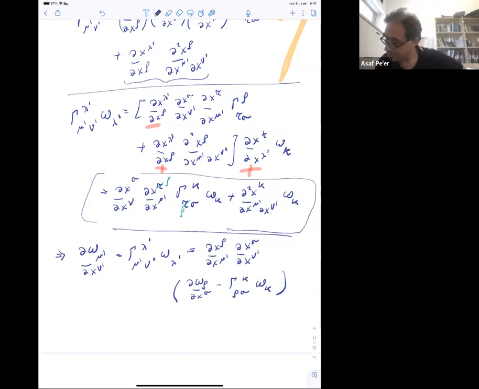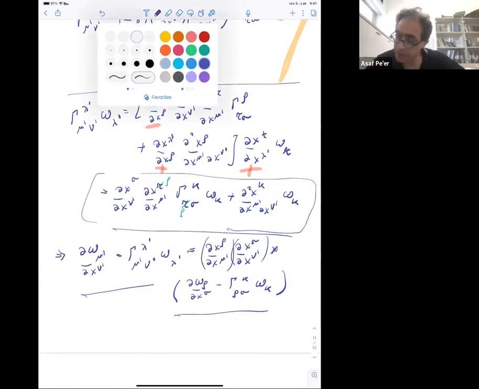So again, this is essentially what we wanted. So we define a covariant derivative for a covariant vector.